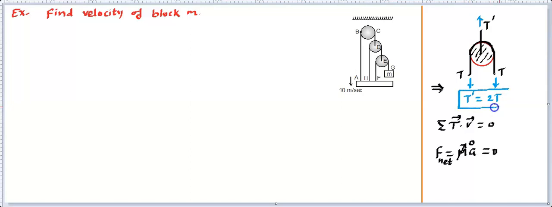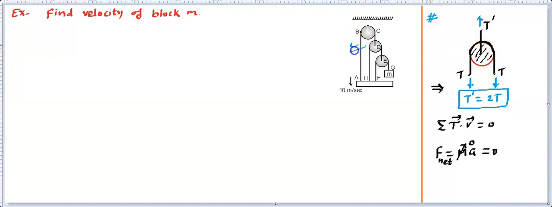That's another important result to keep in mind. If this string carries the tension T, then this string gets tension twice T. If the string is connected from the center of the pulley and going upward, it will have double the tension of the downside. This is what we need to use for the tension calculation. If you catch this, that's an important point.